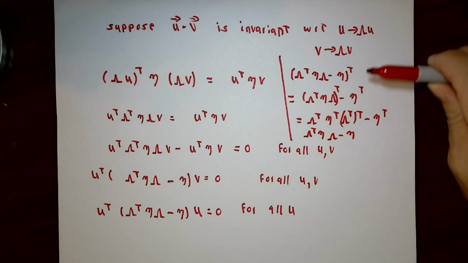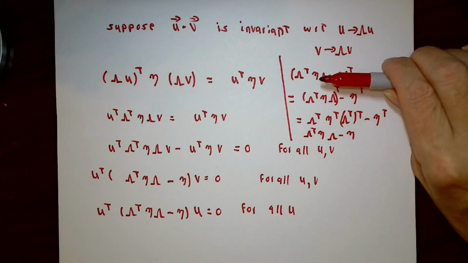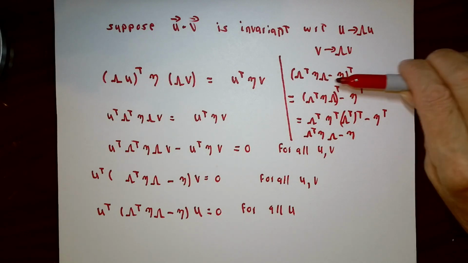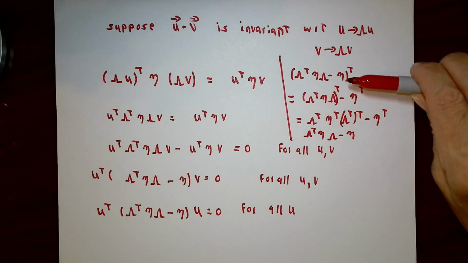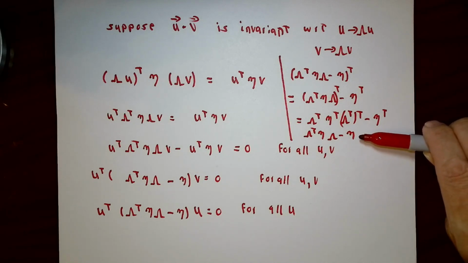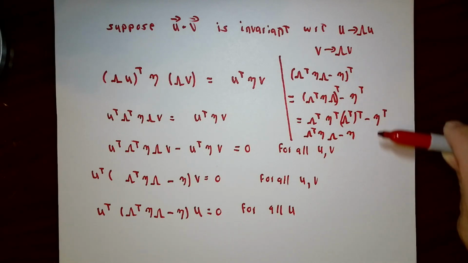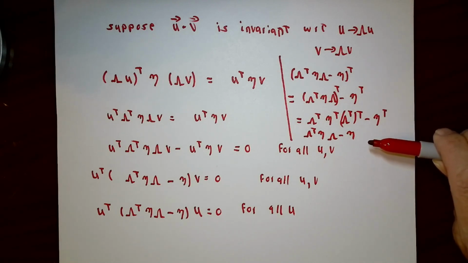So it turns out that the transpose of the matrix lambda transpose eta lambda minus eta is lambda transpose eta lambda minus eta. The transpose of the matrix in the parentheses equals the matrix in the parentheses. The matrix in question is symmetric.